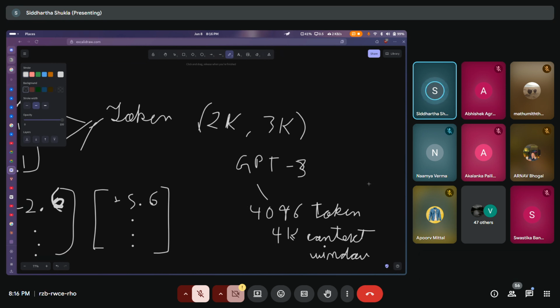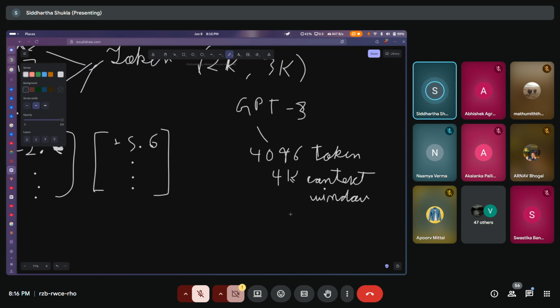And we have come a long way since then. For instance, right now, Gemini 2.5 Pro has a mind-boggling context size of 1 million tokens. GPT-3 is primitive. You guys can see that we have come a really long way since GPT-3.